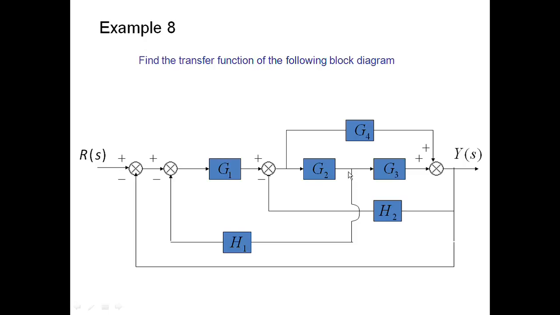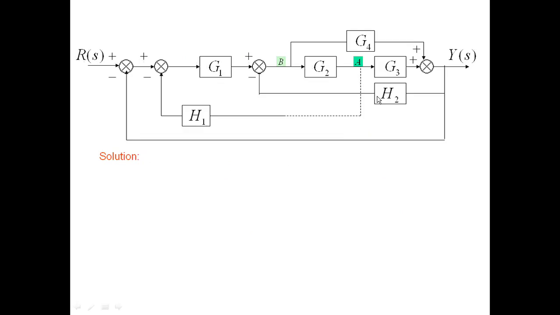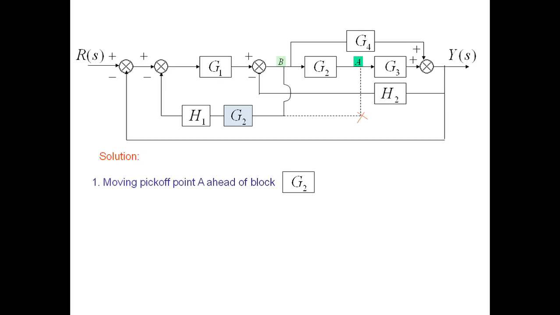So what we will do first is take this takeoff point to the left hand side of G2. We name this the A node and this the B node, and we have to shift the A node to B. Initially there is an effect of G2 on H1, but after shifting to B the effect is not present, so we need to multiply H1 with G2.